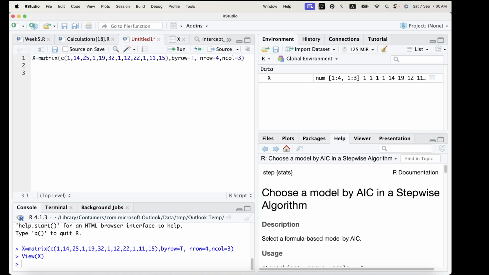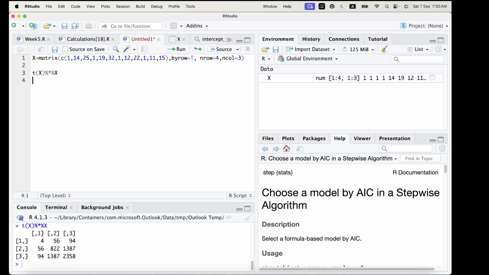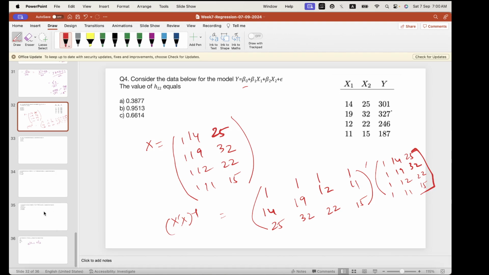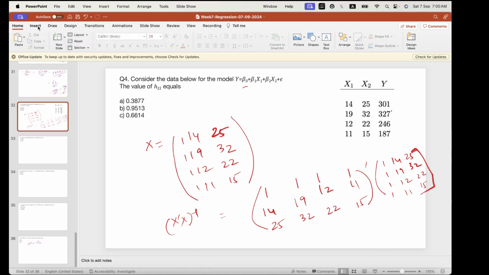Now X transpose into X is how much? This is this value, 4, 56, 94, 56, 822. So I'll just write it down over here.